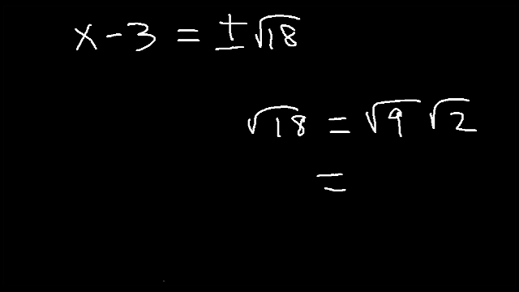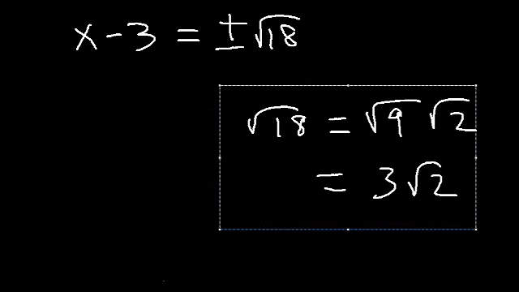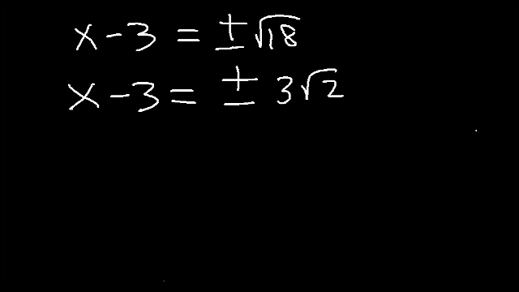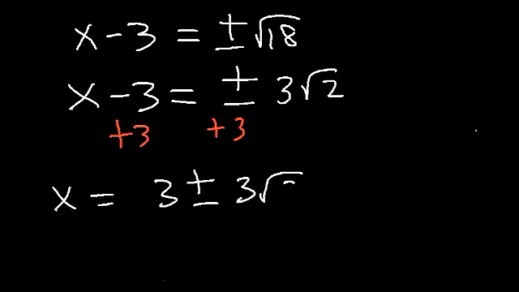The square root of 9 is a perfect square. The square root of 9 is 3, so this simplifies to 3 root 2. So we have x minus 3 is equal to plus or minus 3 root 2. So let's add 3 to both sides. So x is equal to 3 plus or minus 3 root 2.